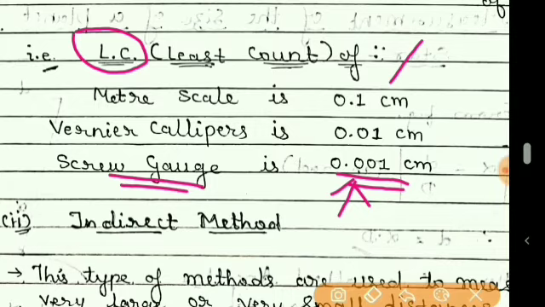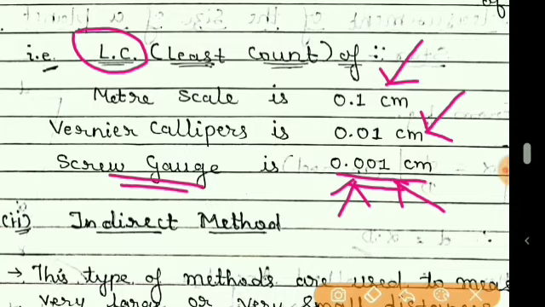Least count of vernier is 0.1, least count of micrometer is 0.01, and that of screw gauge is 0.001 centimeter. So precision depends upon the least count of the measuring instrument.